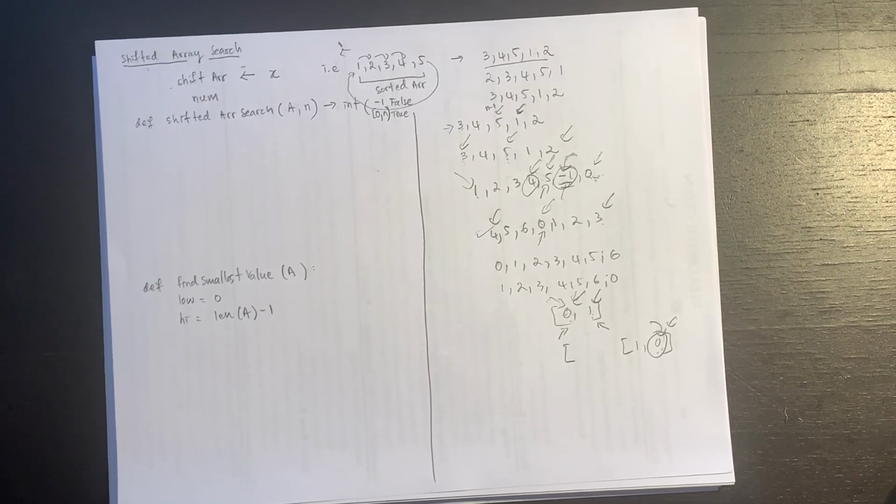Once we find that index, where i is the left pointer and j is the right pointer, once they intersect each other, we can conclude that we found the minimum value.